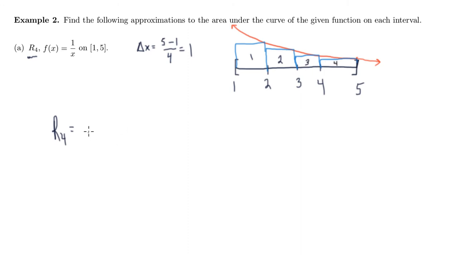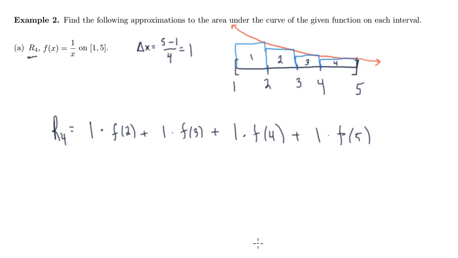So we have 1 times, okay, so we need to evaluate the function at 2, plus 1, the width of the second rectangle, times the height will be given by f of 3, and then plus 1. Height of the third rectangle will be f of 4, and then plus 1, base times height. f of 5 gives the height.